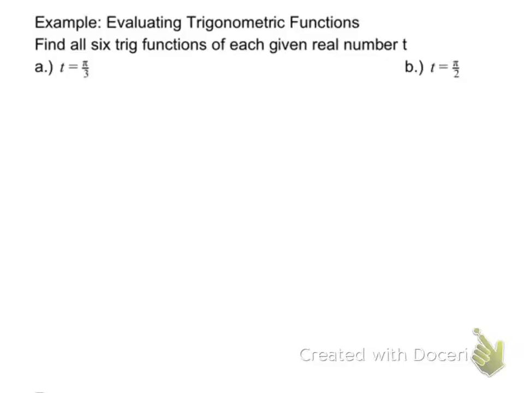I like to start off by putting the big three, I call them, sine, cosine, and tangent. I like to find those first, because as soon as I can find these values, what do you think the little 3 are? It's just the reciprocal, guys.